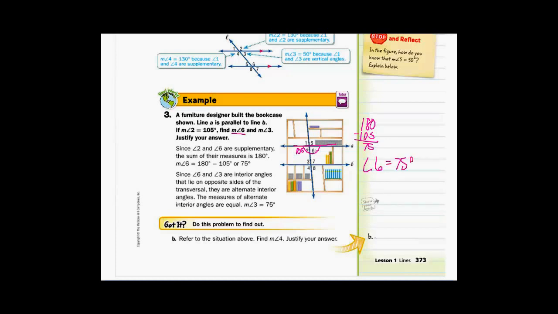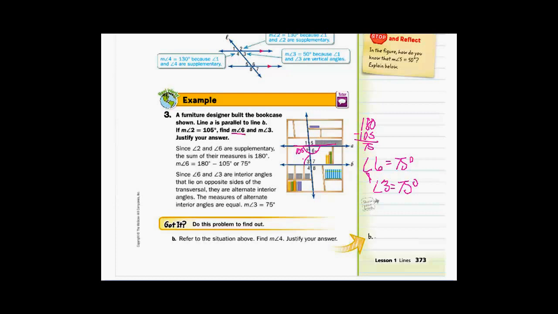Now, if angle 6 is 75, then you automatically know that angle 3 is 75 because those are alternate interior angles. Angle 3, 75 degrees. Okay.